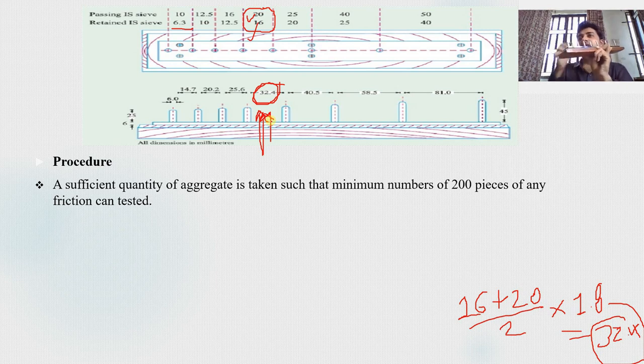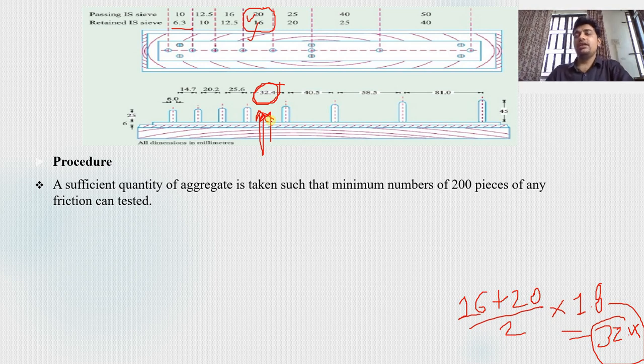If the aggregate is retained, it means the length of the aggregate is greater than 32.4. If the aggregate can pass through this portion, it shows that the length of the aggregate is less than 32.4 mm.